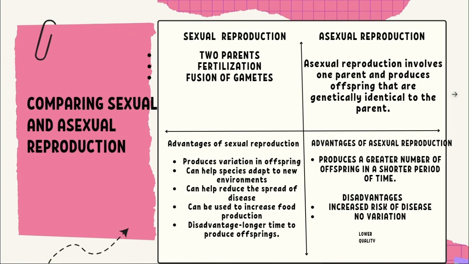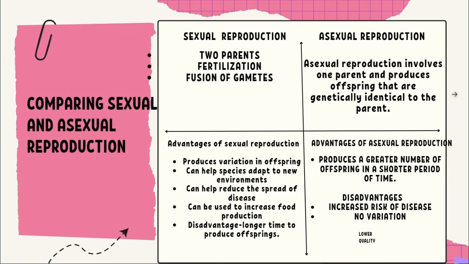And you may say, why does it even matter if there is variation or not? You probably wonder. But variation is very important for a species to survive, because it's basically equipping the next generation to be able to withstand different conditions, right?